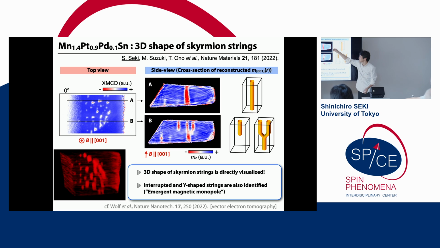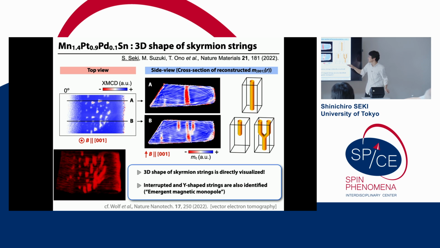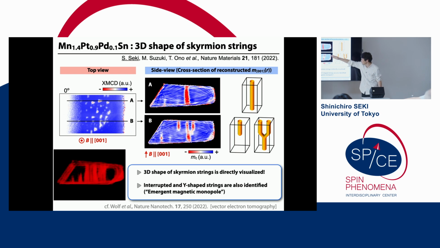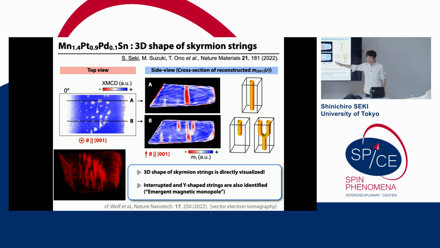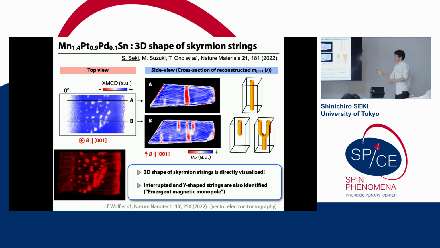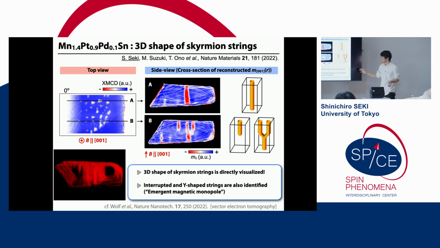You can identify a tube-like object, and it represents the straight skyrmion string. On the other hand, when we cut the sample at this plane B, the cross-sectional image is like this. In this case, you can identify some interrupted or Y-shaped skyrmion strings. So by using this kind of X-ray magnetic tomography technique, we can directly visualize the three-dimensional shape of the skyrmion strings or their defect structures.